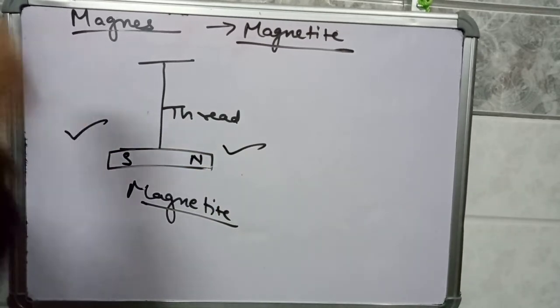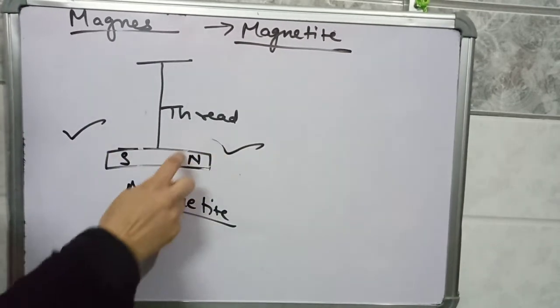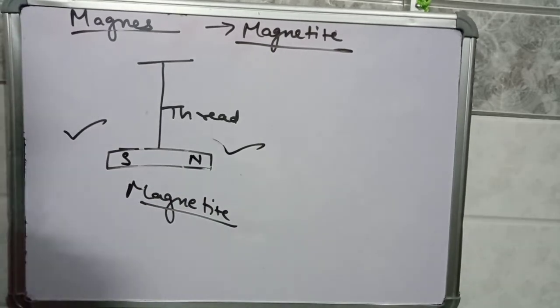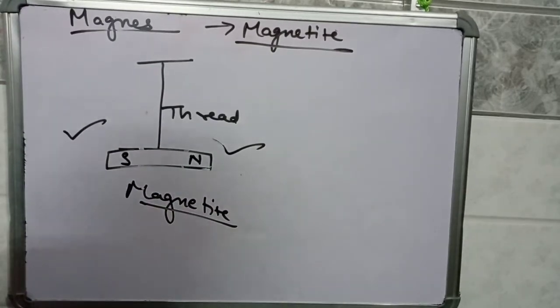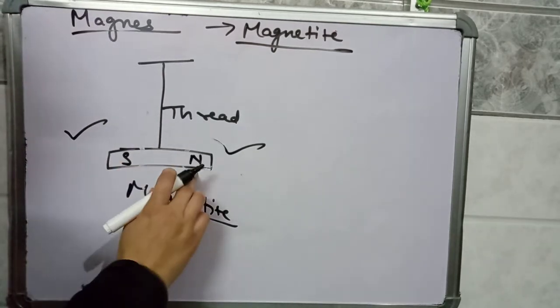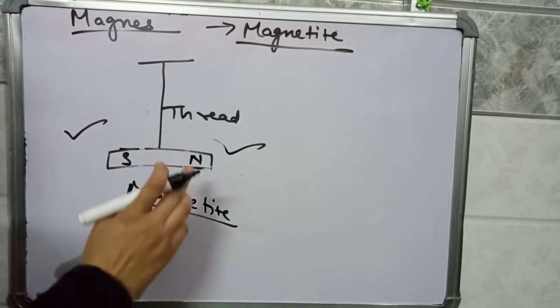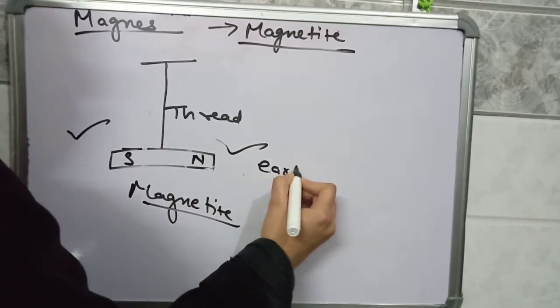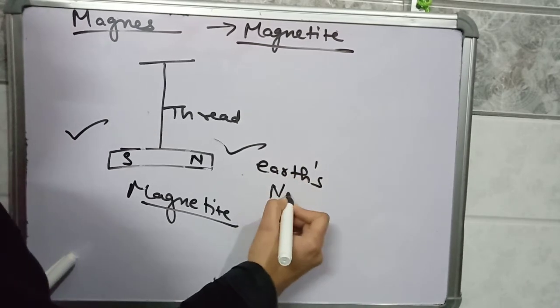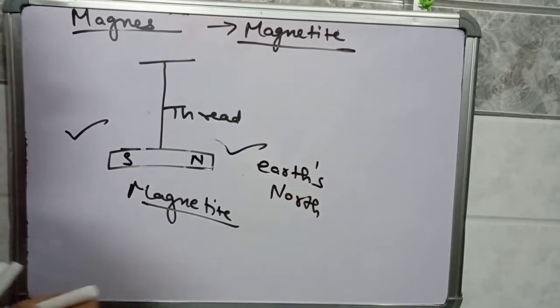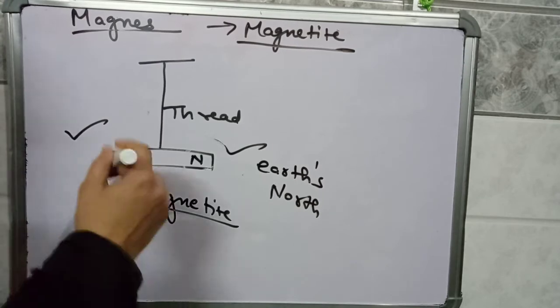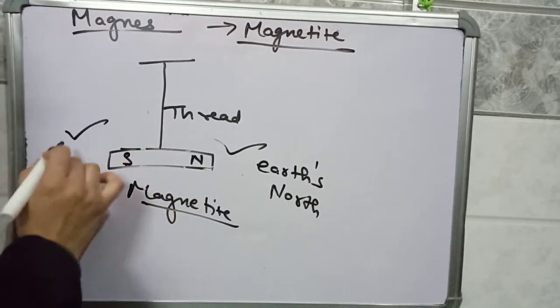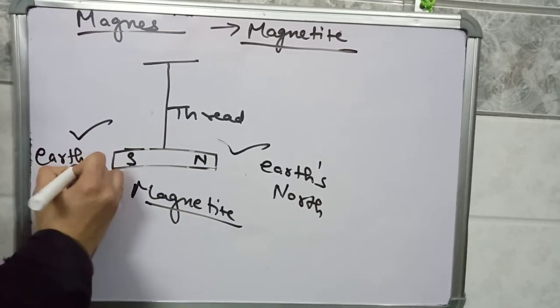Poles are the areas where the magnetic force experienced by iron pieces or steel pieces is the maximum. The north of a natural magnet always points towards the earth's north, and the south of the magnet always points towards the earth's south.